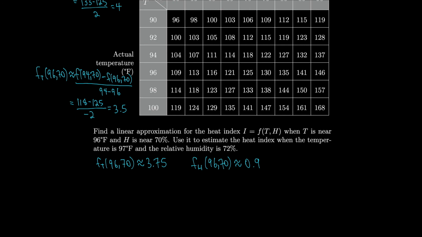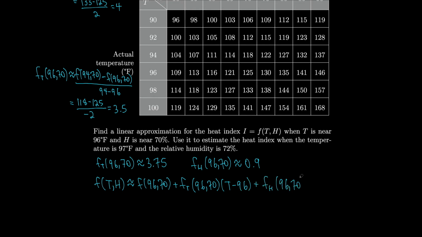I can write my linearization. So I'll say that f of t, h is approximately f of (96, 70) plus our partial with respect to t at (96, 70) times t minus 96 plus our partial with respect to h at (96, 70) times h minus 70.